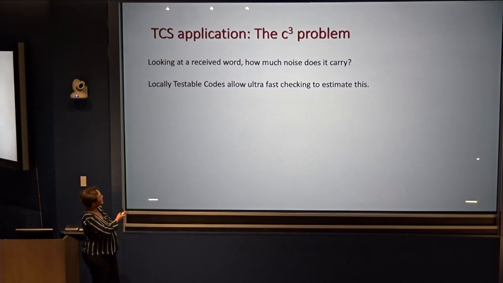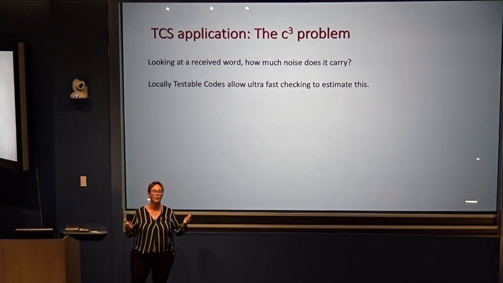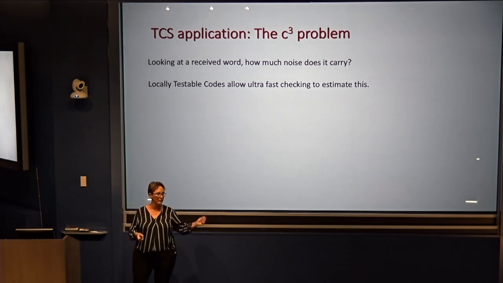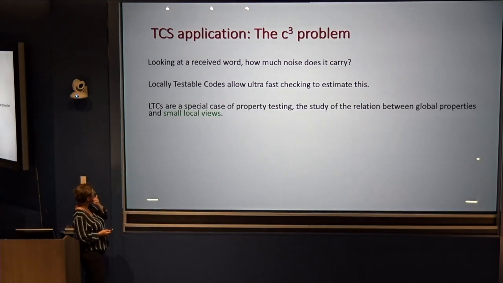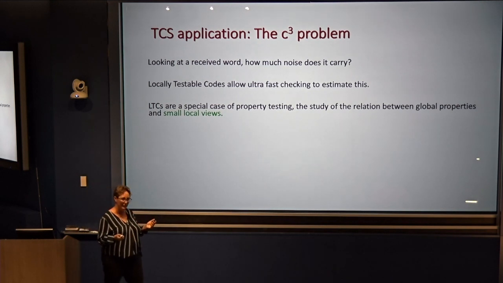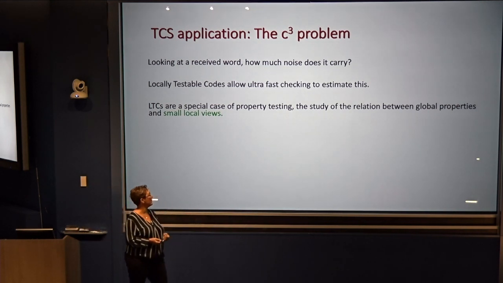Okay? So this is really the idea of locally testable codes. A locally testable code allows you to check ultra fast. Instead of trying to decode and wasting all this time, just select a few random bits and decode. Where does this come from? You can think of locally testable codes as a special case of property testing, related to what Henry was showing us in the morning.